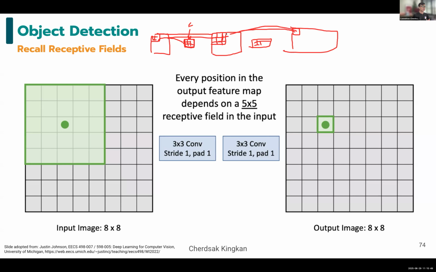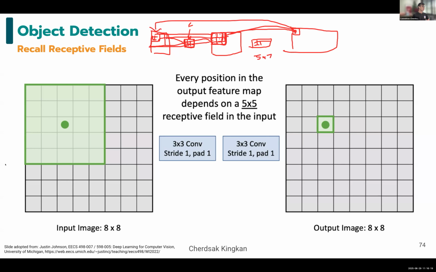So this one is the result of this. And then if you look at this entire area, it corresponds to 5 by 5 in the image. It's a result of this 5 by 5. Every element of this area corresponds to this 5 by 5 area in the input. So that's what we call the receptive field of this with respect to the input, which is 5 by 5.